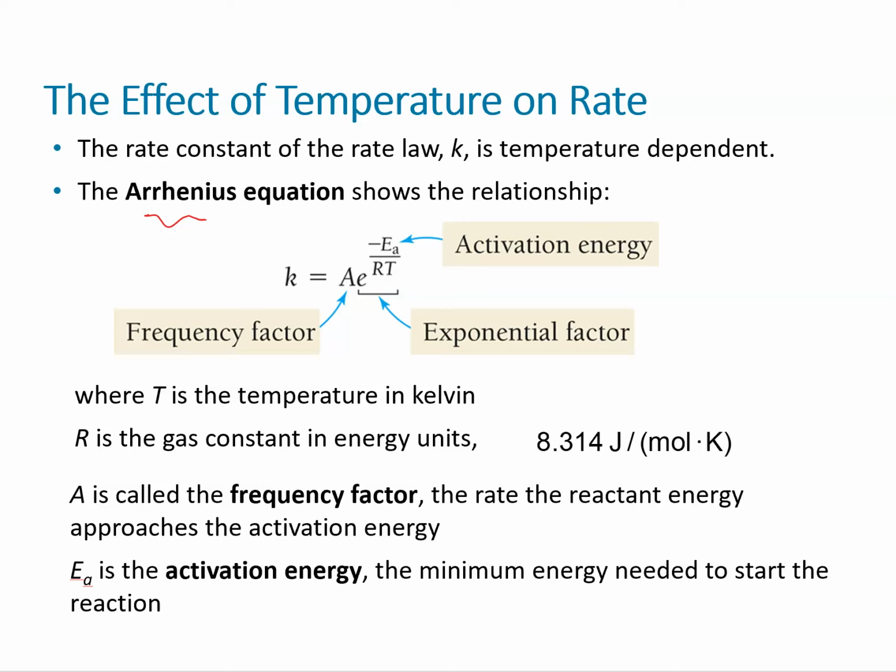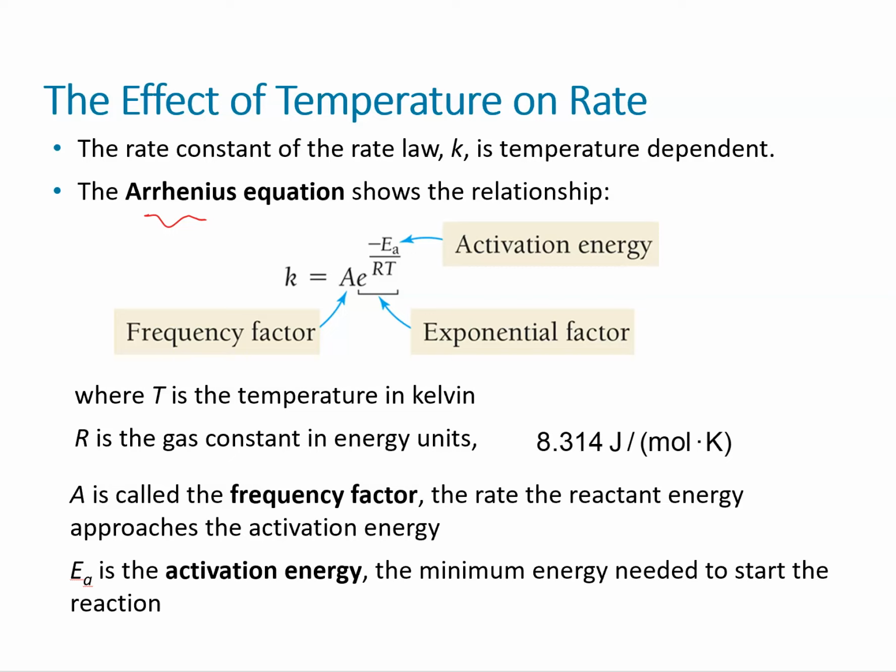So A, capital A, our frequency factor, is the rate at which the reactant energy approaches the activation energy. We'll get more into those details, and we'll keep revisiting these terms and making more sense of it. But how quickly does a reactant's energy approach the amount of energy required for it to proceed forward, going from a reactant to a product?